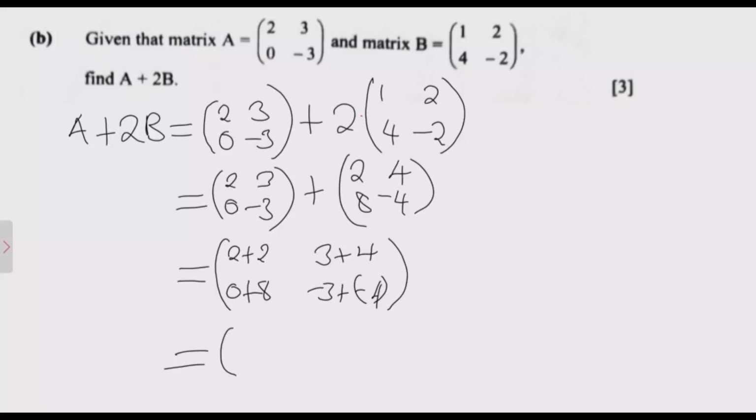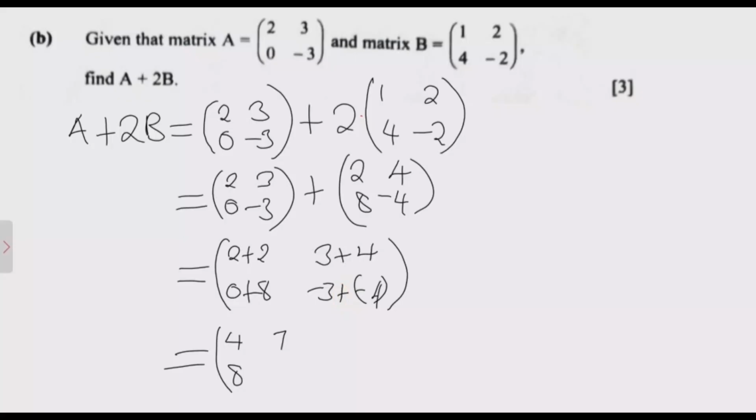Then I'm going to open my main matrix where my answer will be. So 2 plus 2 will give me 4. Then 0 plus 8 will give us 8. Then 3 plus 4 will give us 7. Then negative 3 plus negative 4. When you multiply the plus sign times negative 4, it should give us negative 4.